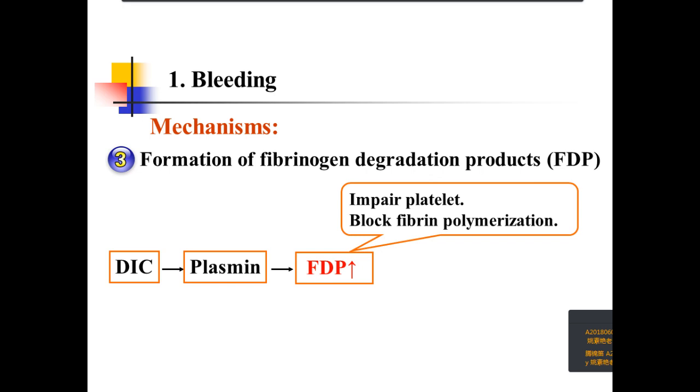Why does bleeding happen? Take a break. Next we will learn the 3 D-dimer and 3 P test.